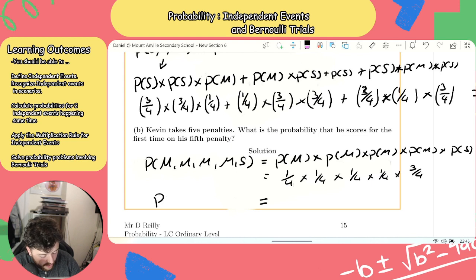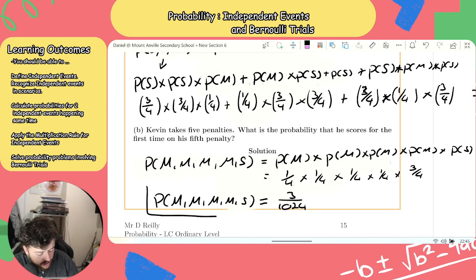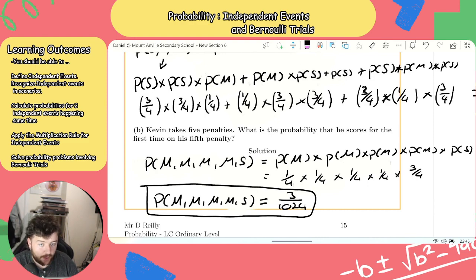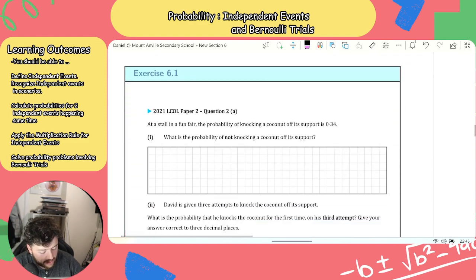So the probability he misses four times and then scores on the 5th go is 3/1024.